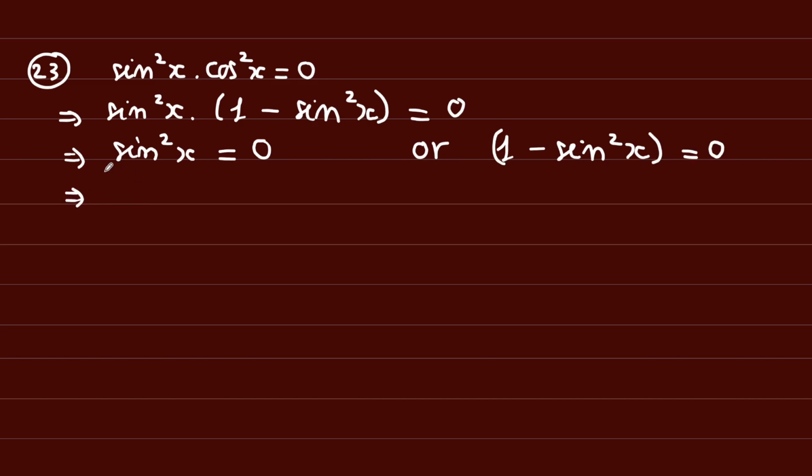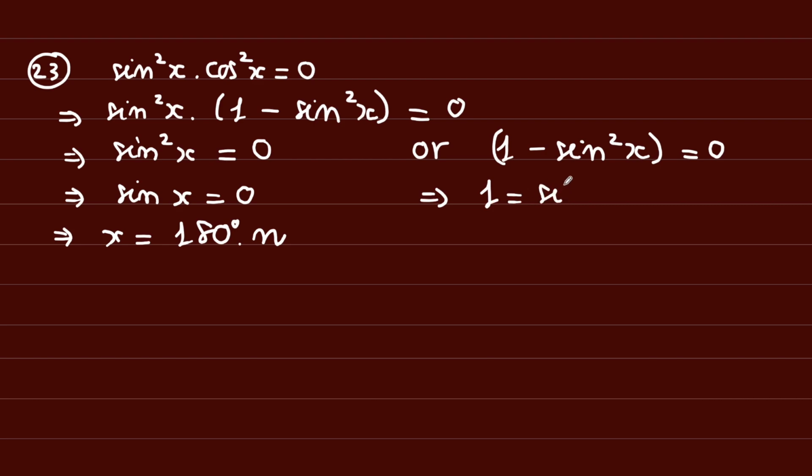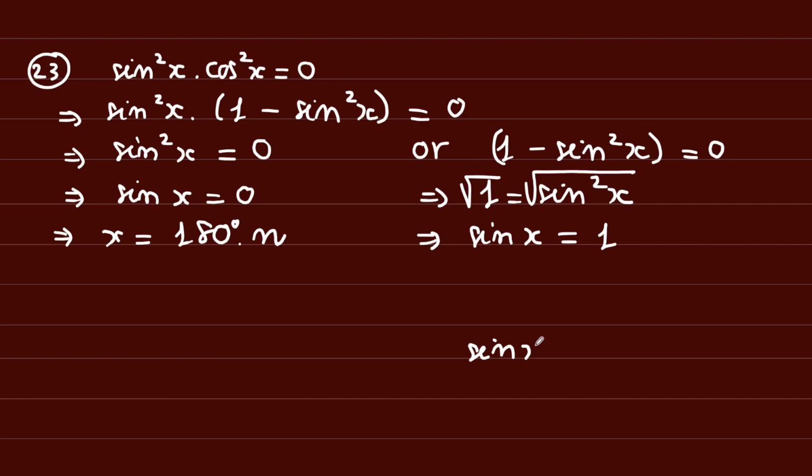In the first case, you got sine square h, so sine h equal to 0, and one more time you have h equal to 180 multiplied by n. Another case for this question: you have here 1 and here sine square h. So take square root for the left, take square root for the right. You got two solutions for sine h. The first will be equal to 1 and the second will be equal to -1.